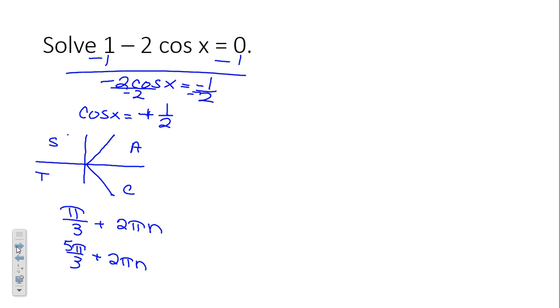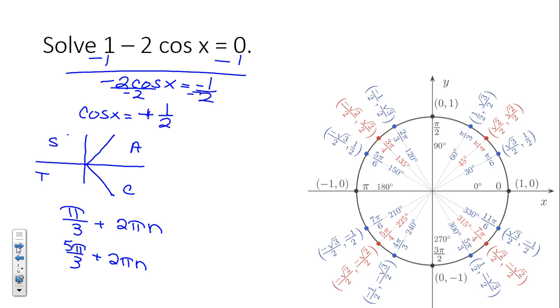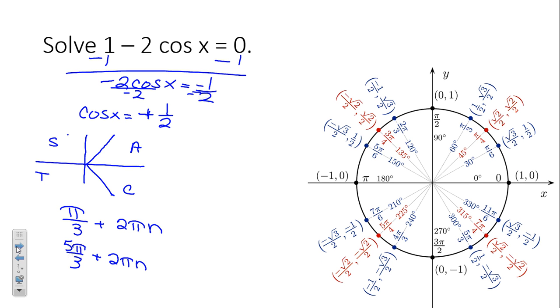Now, I gave you a unit circle on the back of your trig identities because that can help you. You can ask yourself, where was the cosine 1/2? That's the x or y value of the ordered pair. Cosine is the x, okay? So you can look here to see, oh, guess what?